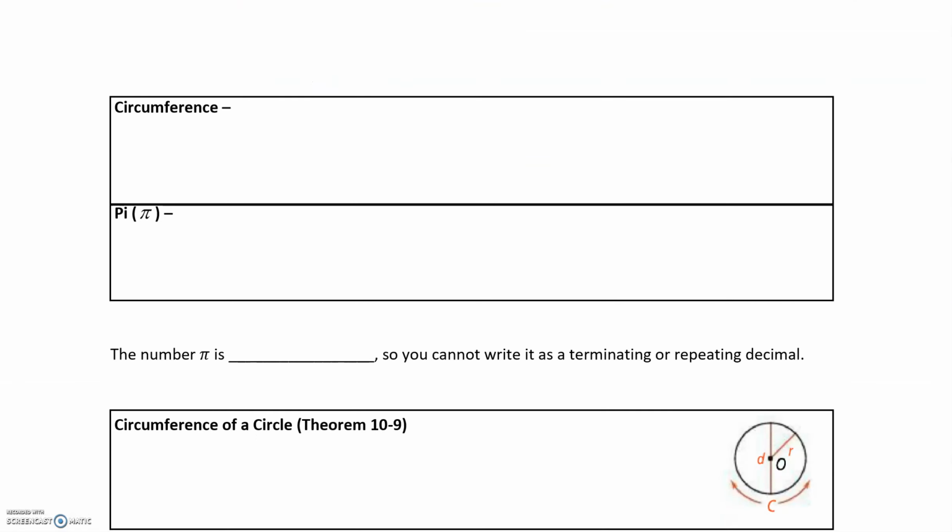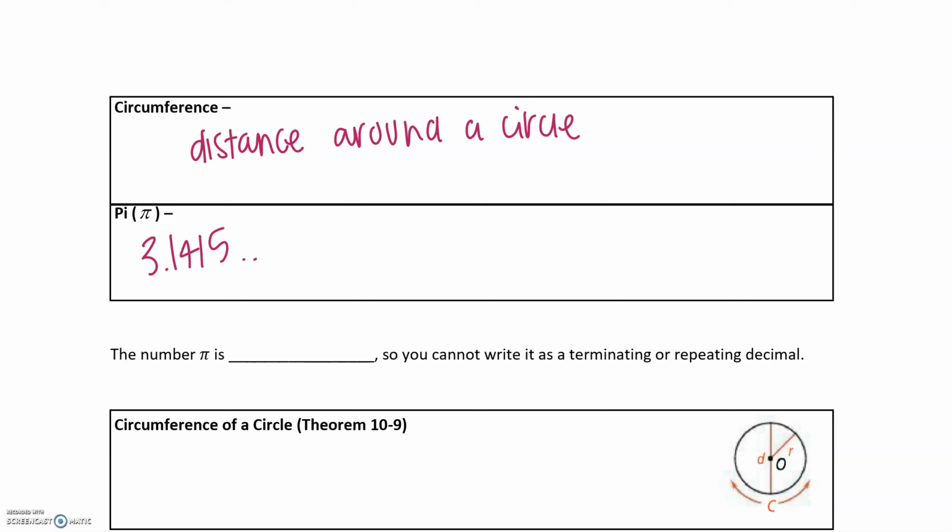Okay, so if we move to the next page, we have the word circumference. So circumference is literally just the perimeter of a circle or the distance around a circle. Okay, and for pi, it's an irrational number, normally starts at 3.1415, yada, yada, yada, keeps going on forever.